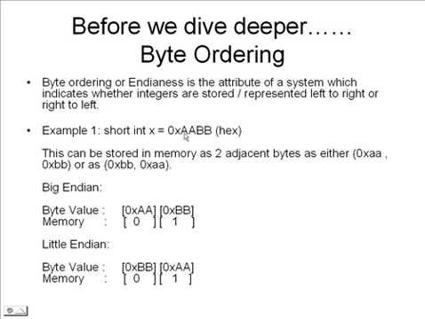So now there are two ways to store these 2 bytes in memory. One is that in memory position 0 you store AA, and in memory position 1 you store BB. This method of storing integers is called big endian format. And another way could be that we decide to store BB first and then AA.